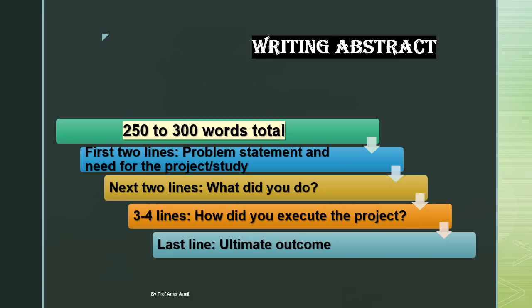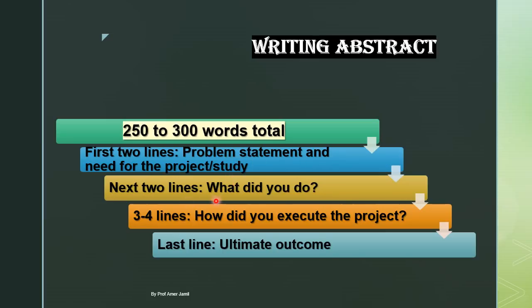After the title, the reviewer or reader usually reads the abstract to see what you have done or how you have done it. So your abstract should be from 250 to 300 words. The first two lines should contain the problem statement and need for the project.